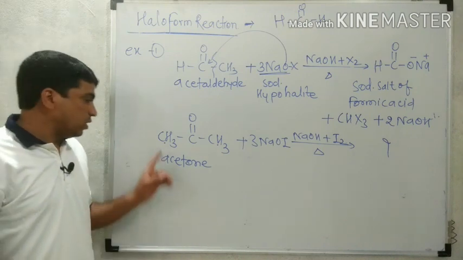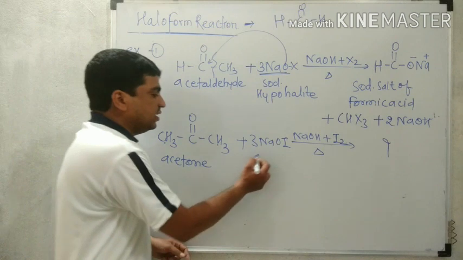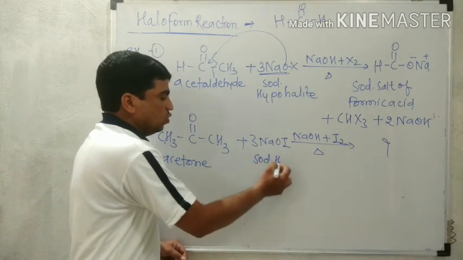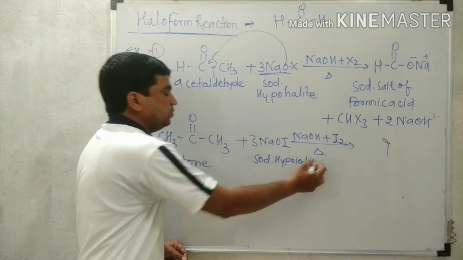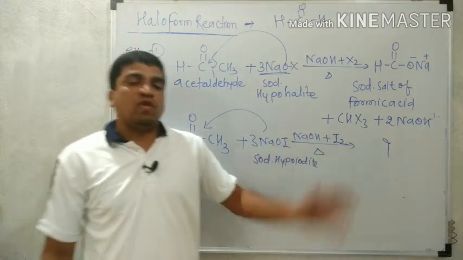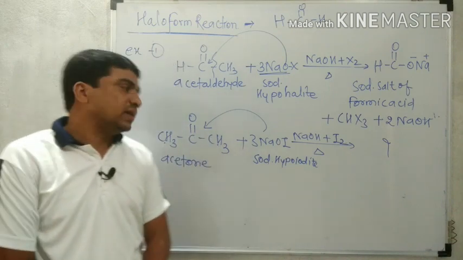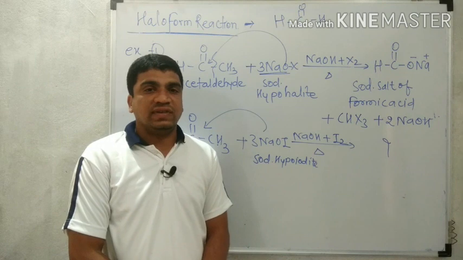That is your homework. What is the action of sodium hypoiodite on acetone, which gives haloform in the reaction? And tell me the answer for this reaction.